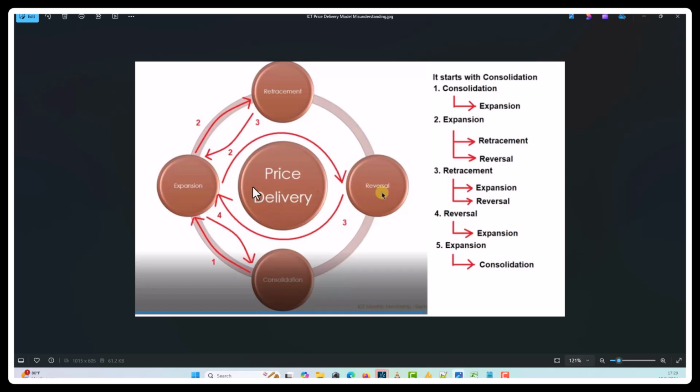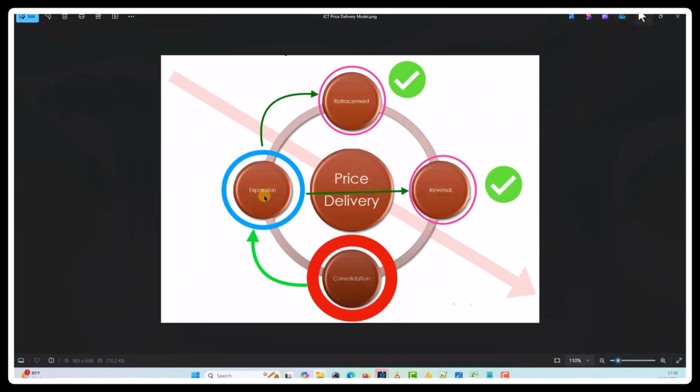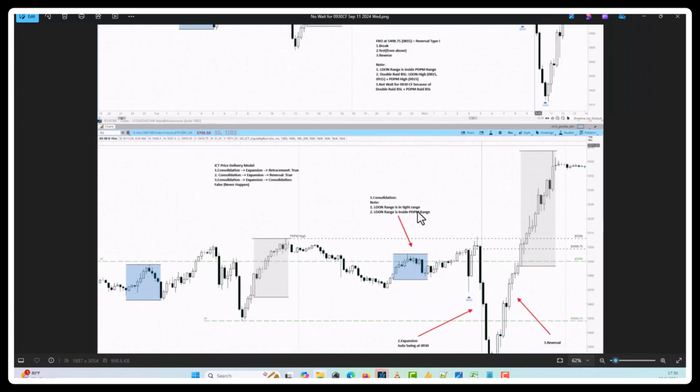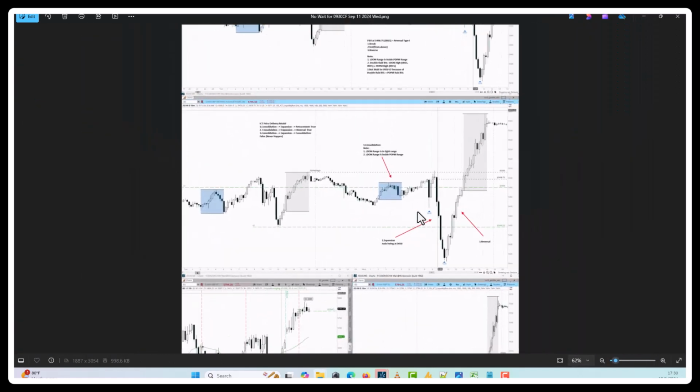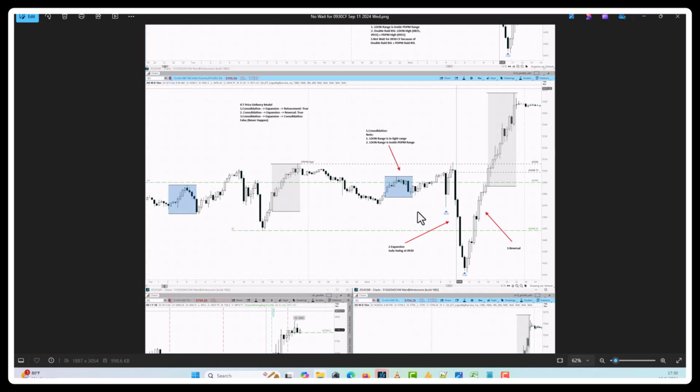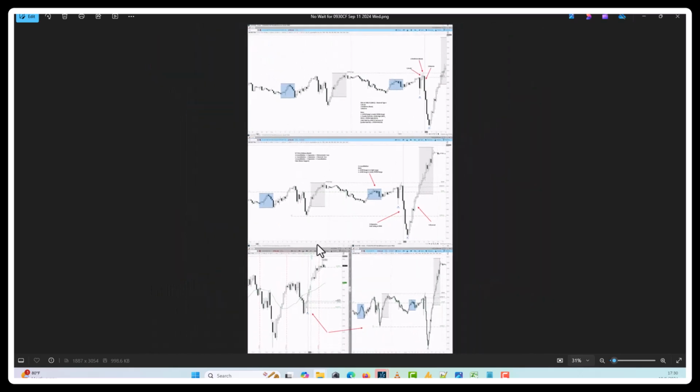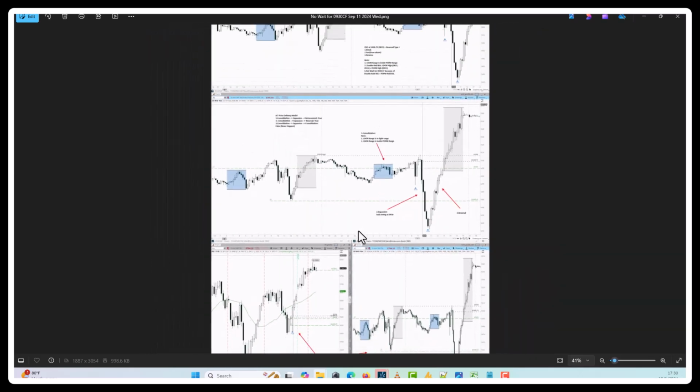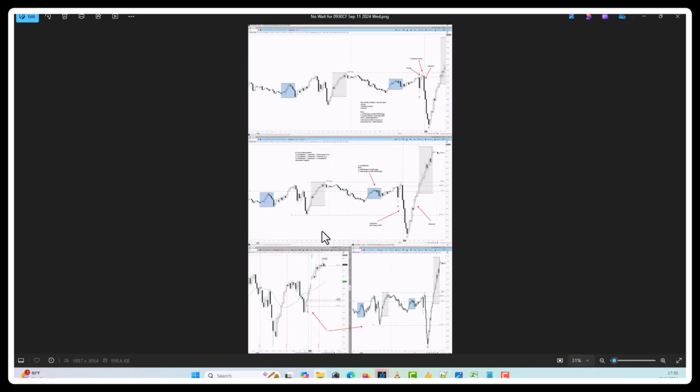But anyway, the point we're trying to make is that it never goes consolidation, expansion, and back to consolidation. You have to go through retracement and reversal. We will revisit the ICT price delivery model later, or when we have time to do a deep dive.